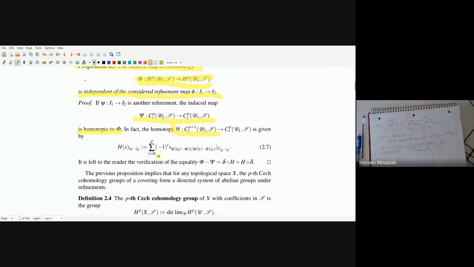It is a kind of sum over this section. So we have to evaluate H S over I0 to IP. And if I have taken two different coverings, I have to, in some sense, use these two different refinements in my definition of H.